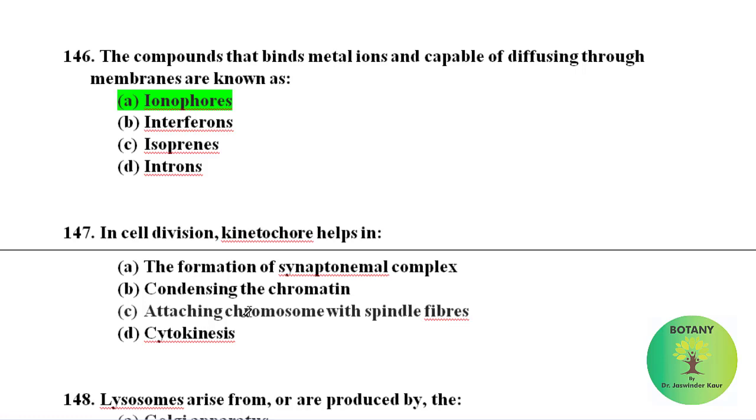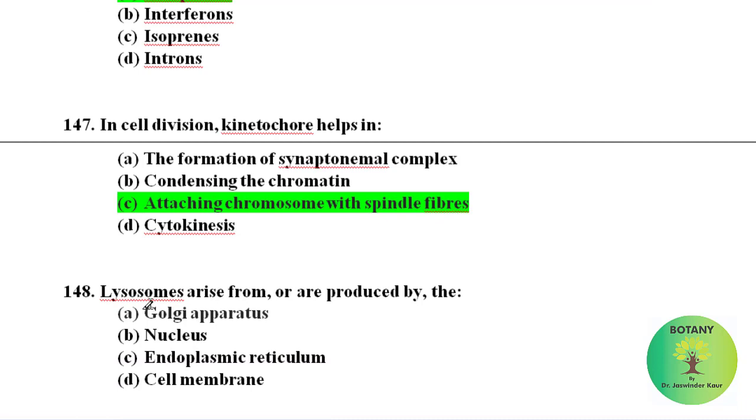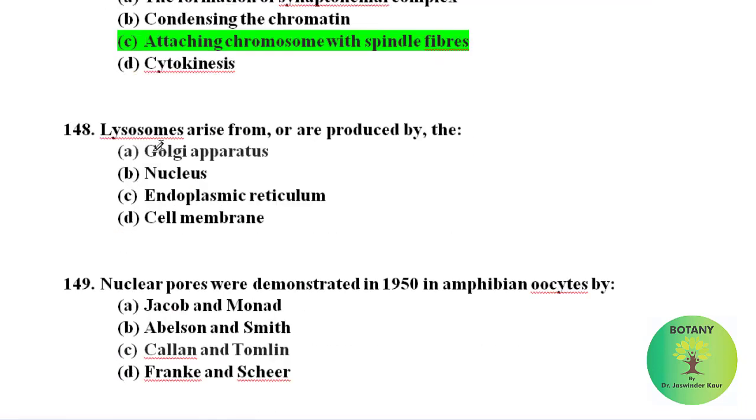Kinetochores help in attaching the chromosome with the spindle fibers in cell division. Lysosomes are produced by the Golgi apparatus. Nuclear pores were demonstrated in 1950 in amphibian oocytes by Callan and Tomlin.